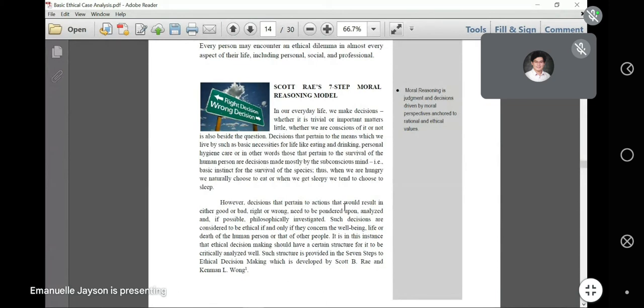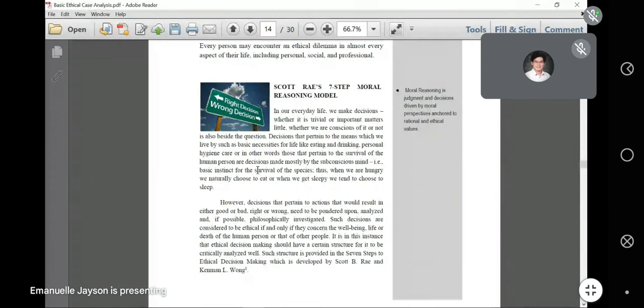However, no, decisions that pertain to the means which we live by, such as basic necessities for life, like eating and drinking, personal hygiene care, or in other words, those that pertain to the survival of the human person, are decisions made mostly by the subconscious mind.